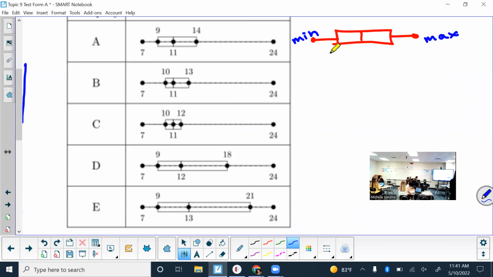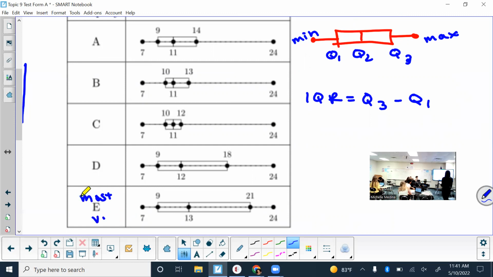The bars of your box go in the order of Q1, Q2, and Q3. And what's the formula for IQR? Q3 minus Q1. So if I have a long box, that gives you a visual representation of a big IQR, like here. This would have the most variability because it has the biggest box, right?